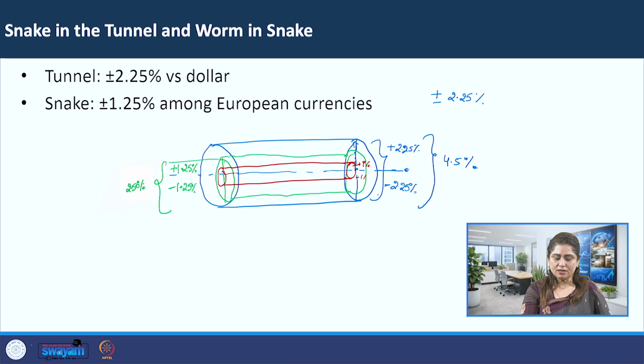So obviously those countries which were trading heavily with each other were trying to balance their exchange rate, and were keeping their exchange rate a little more stable as compared to the rest of the world, or we can say the dollar.